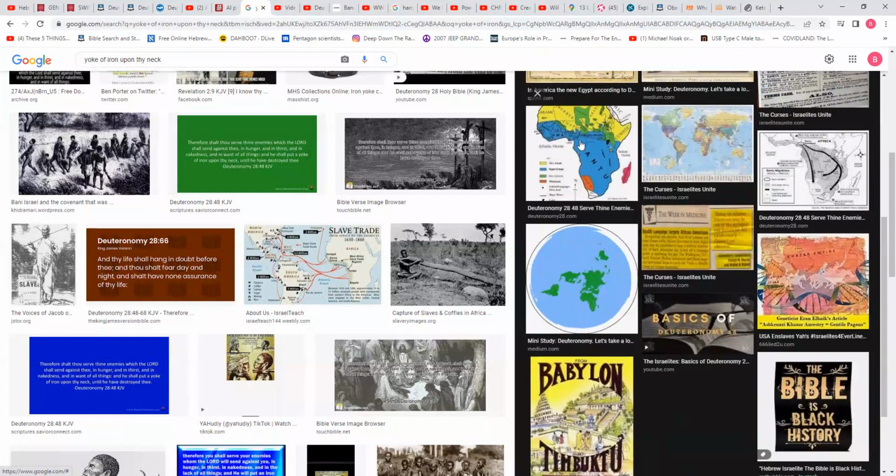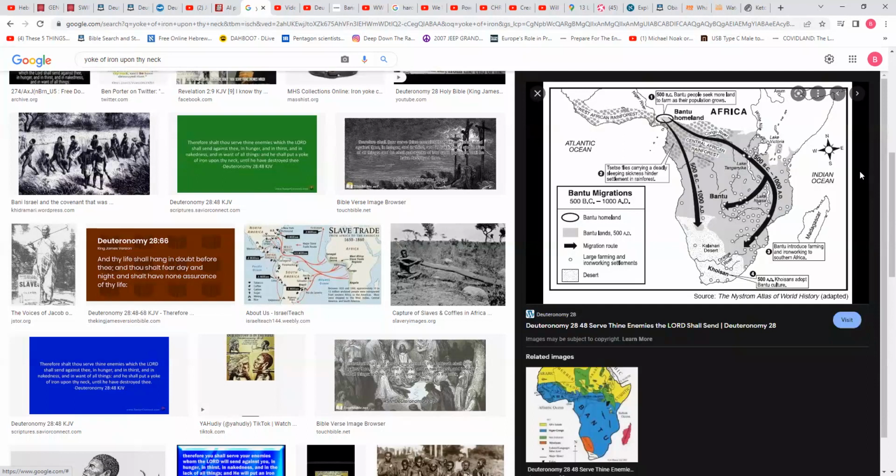Bantu, Ban meaning son. This is where they gathered us from mainly the West Coast, because Israelites were living up and down the West Coast of Africa, all the way down into South Africa.